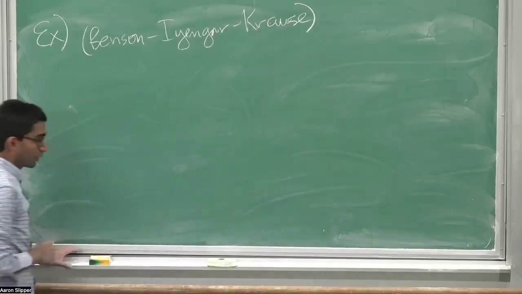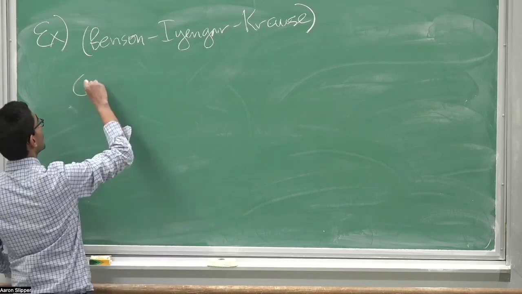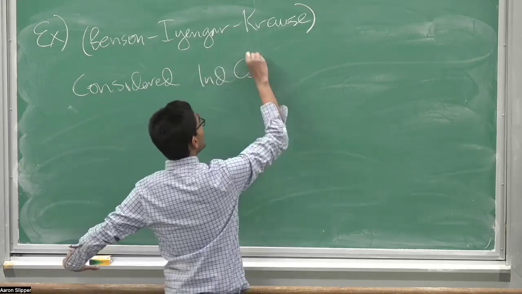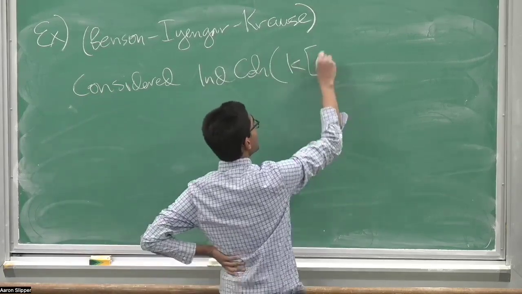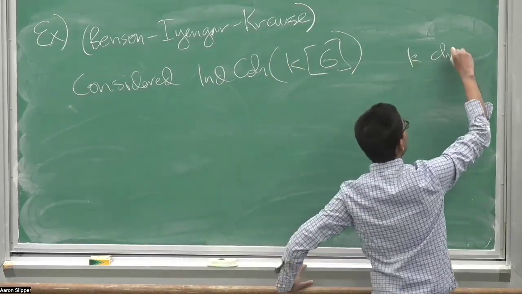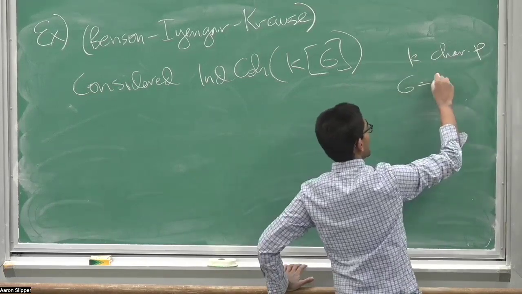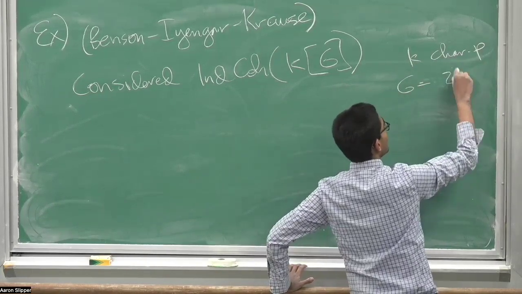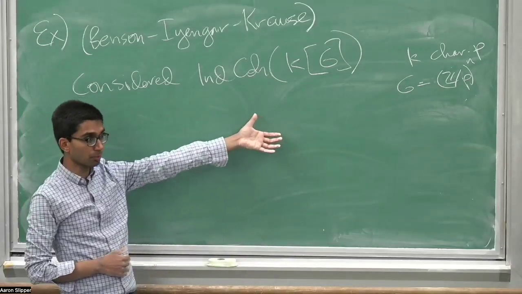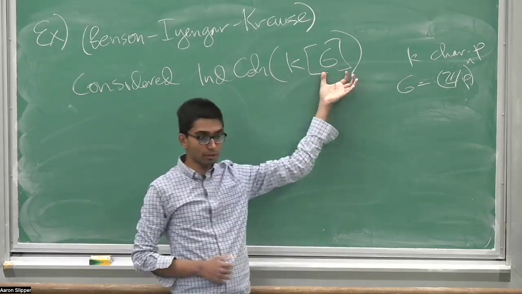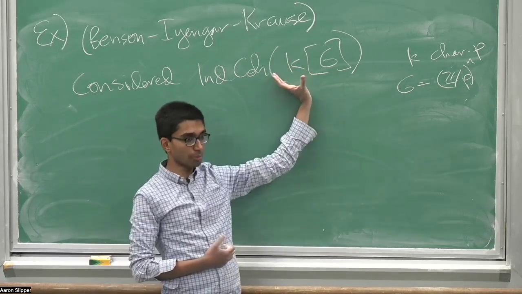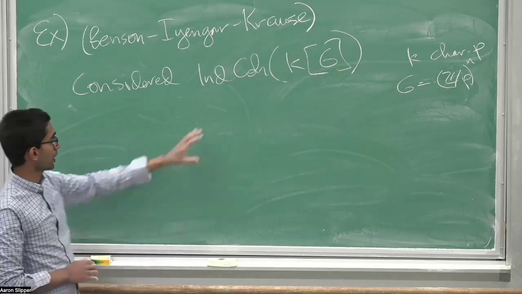I guess they were working in positive characteristic, but essentially they considered Ind-Coh of k[G], where k is characteristic p, and G is, let's say, an elementary abelian p-group, like Z/p to the n. So take the group ring on an elementary abelian p-group. In other words, it's kind of like the derived category of representations of this group, but again, we're taking coherent objects and then taking Ind. So essentially, they consider Ind-Coh of this.